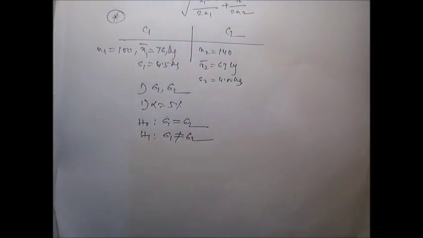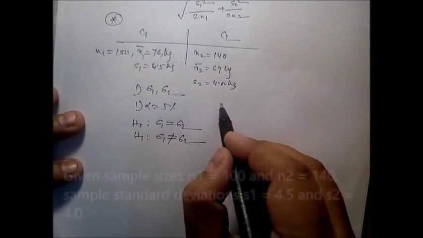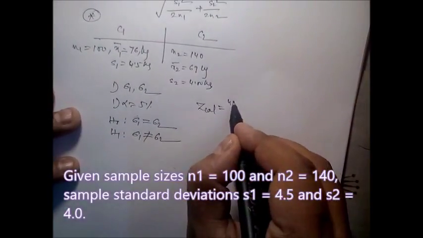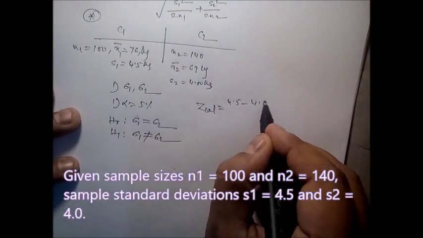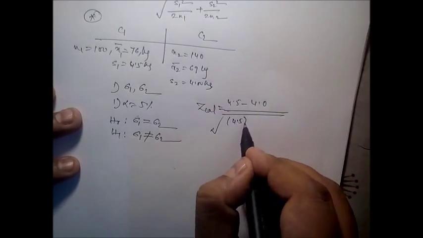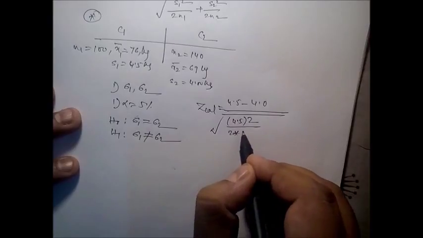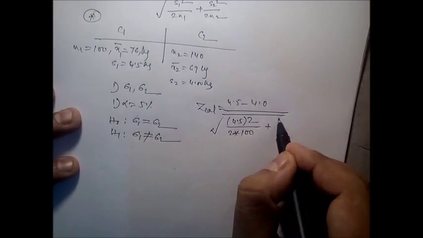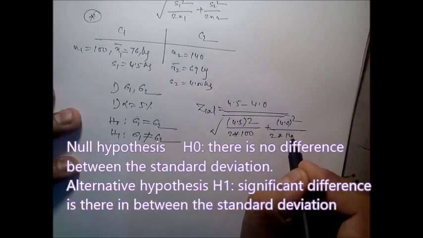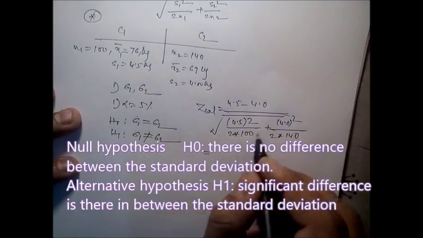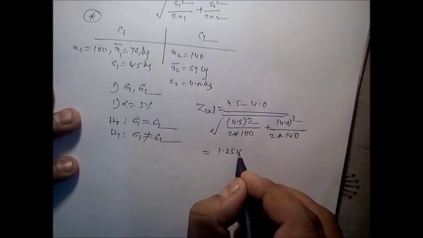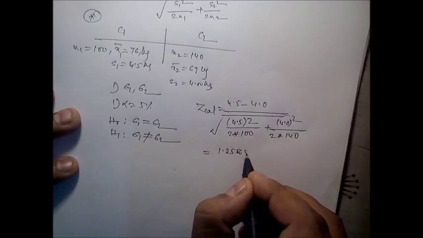Okay. Now under H0, the Z statistic is 4.5 minus 4.0 divided by the square root of 4.5 squared by 2 into 100 plus 4.0 squared by 2 into 140. And if you solve it, the value is 1.2565.